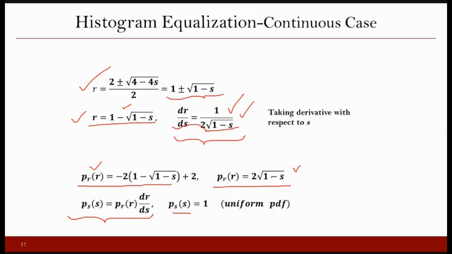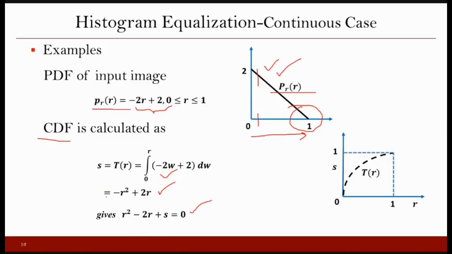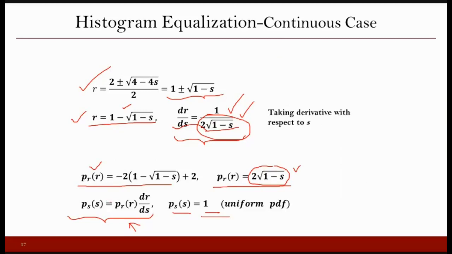When you substitute the values of PR and dr by ds here, you get PS equal to 1, because this value cancels out this value when you multiply the two. So in this example also we see that when we use the CDF as the transformation function, the output probability distribution PS that we get is a uniform probability distribution. Okay.